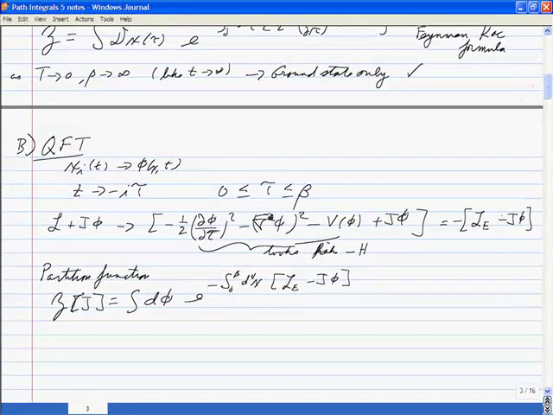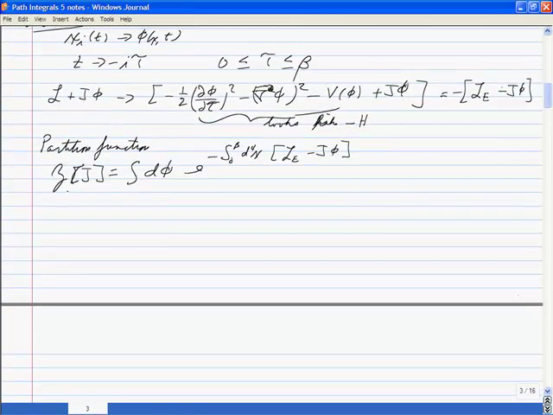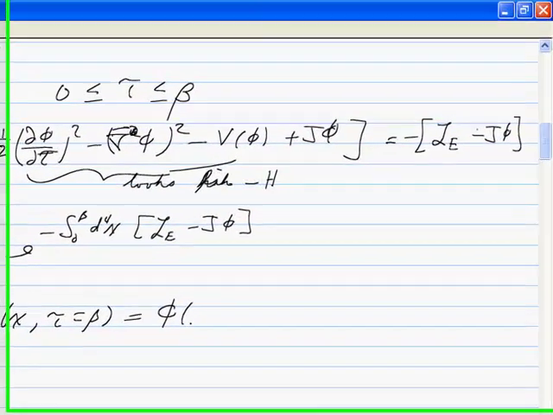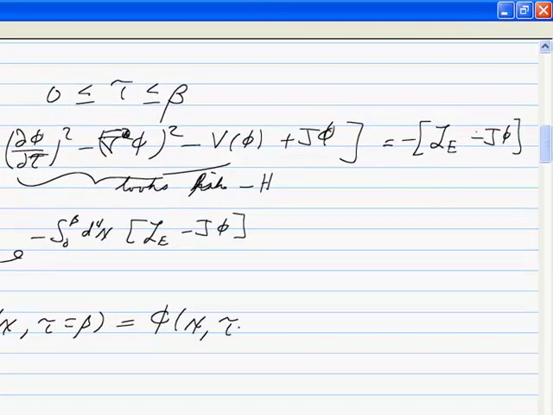And we have to choose then periodic boundary conditions: phi of x, tau equals beta is phi of x, tau equals 0.